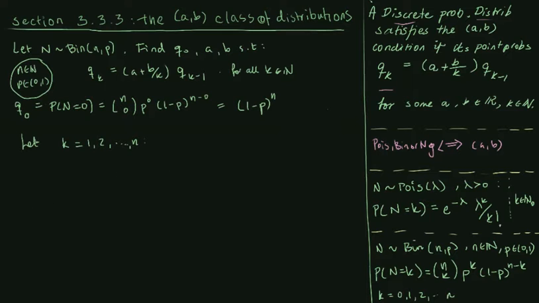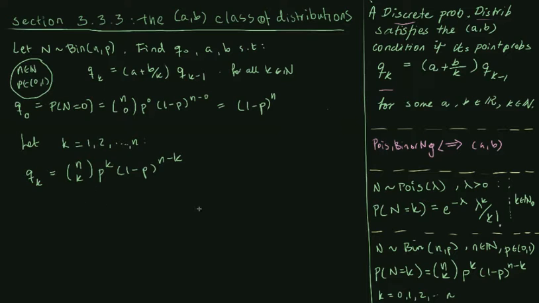So qk is equal to n choose k multiplied by p to the k multiplied by 1 minus p to the n minus k.